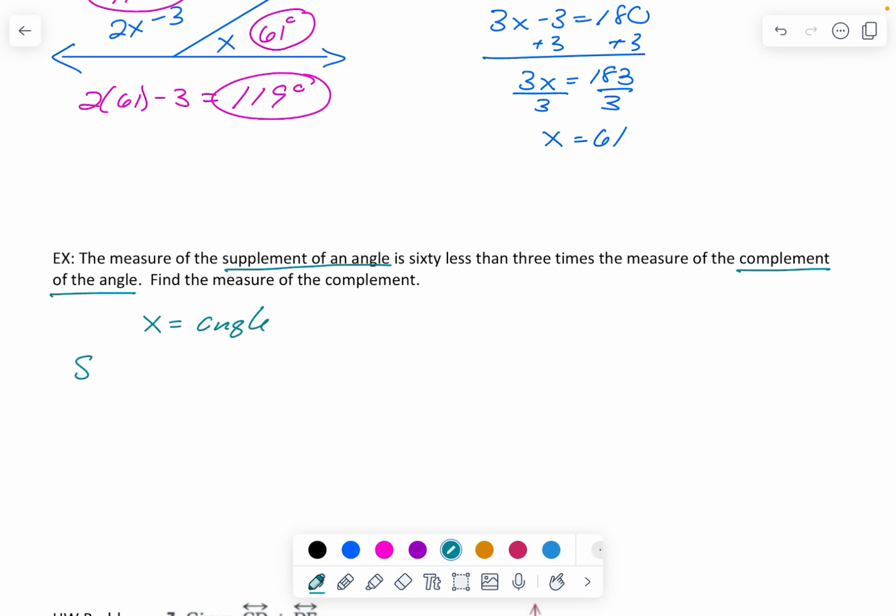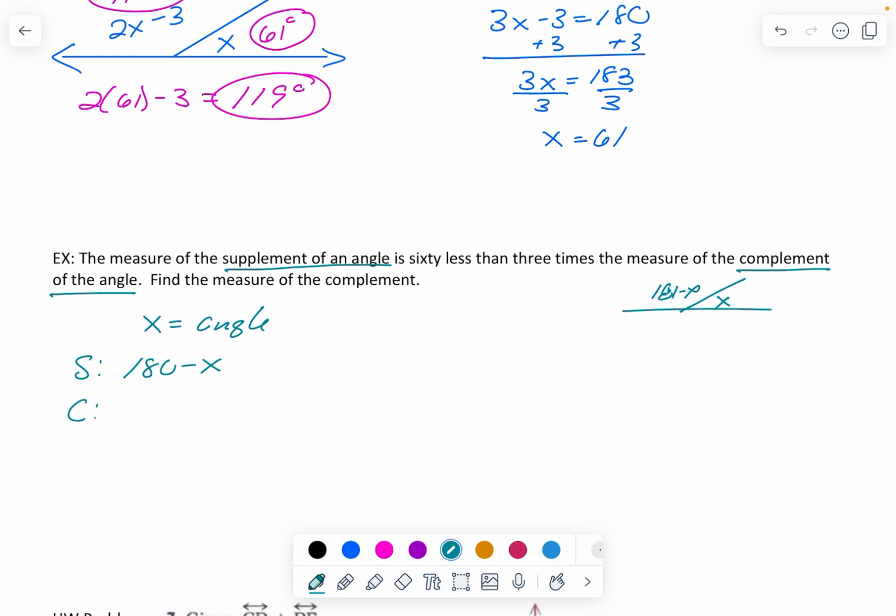And so the supplement of the angle will be 180 minus x. When you think about it, if you need to draw a picture, if that's x, then the way we would find the other angle would be to subtract it from 180.